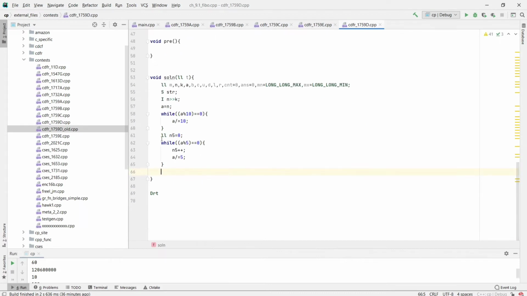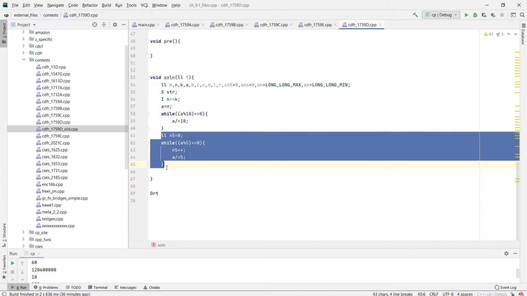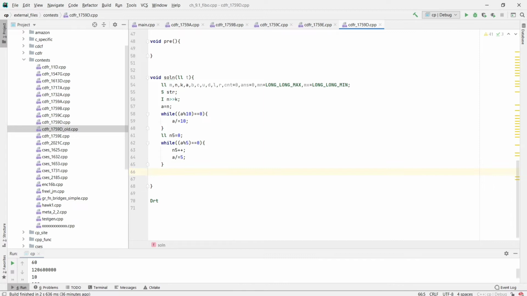Similarly for counting 2s, let's say this is 2, the count n2 will increase. Now we have the number of 5s and number of 2s after removing the 10s multiplied inside this number N.